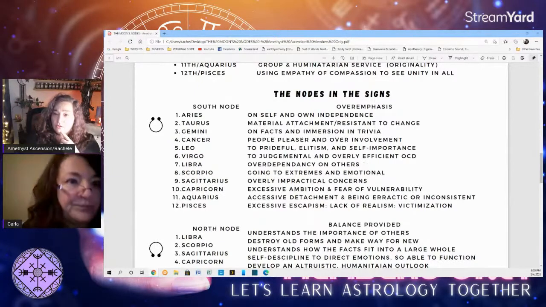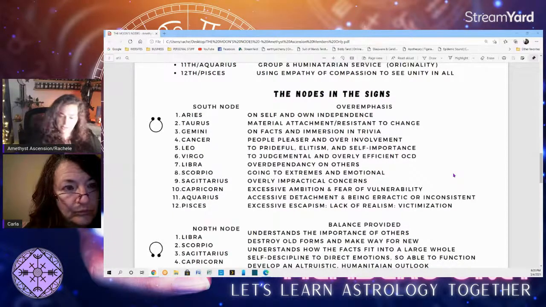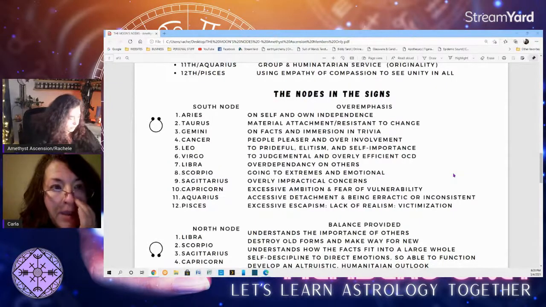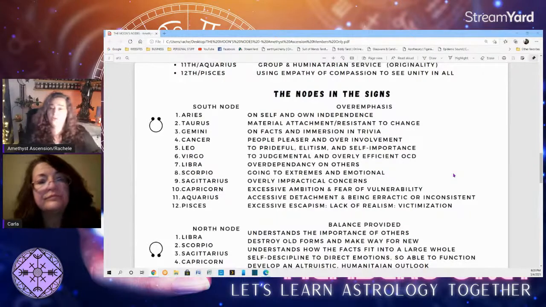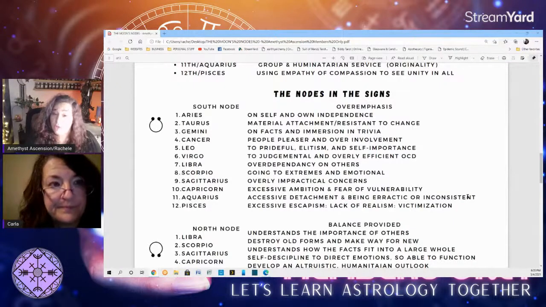All right, so it says ascending node, not sure if that's north node. Yes, ascending is your north node, and descending, or do I have that wrong? It's on the paper here. Yes, your north node is ascending. North or south, but it is in the 7th house of Gemini.